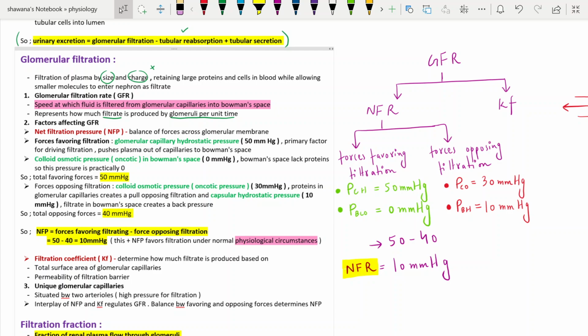These forces favoring and opposing the filtration are collectively known as the net filtration pressure. Net filtration pressure is a very important term used in the GFR formula, and we will calculate it in a minute. First, the forces favoring the filtration.